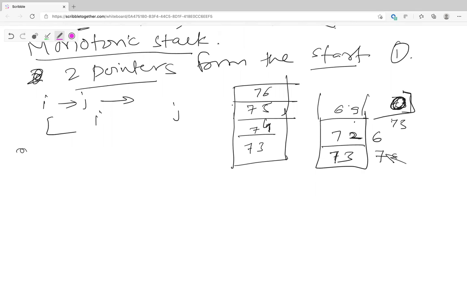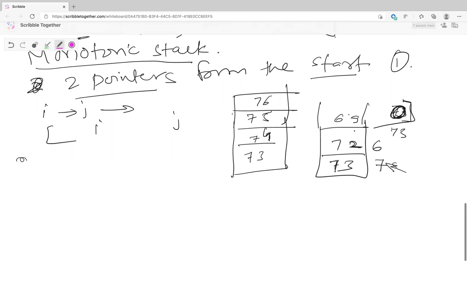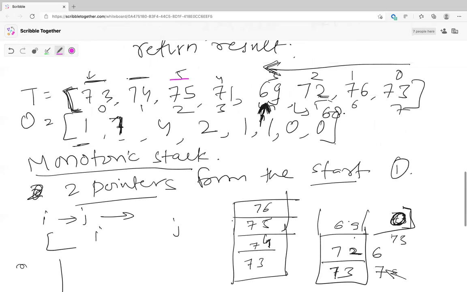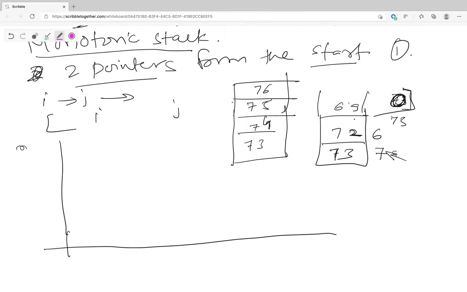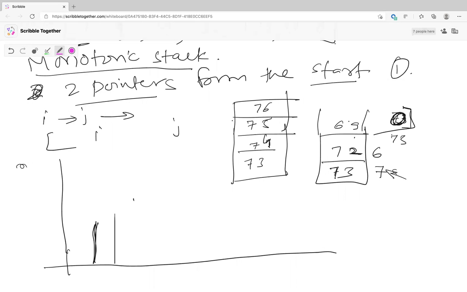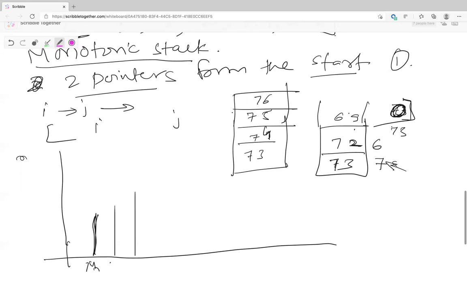Okay, so let's say I'll draw the graph. Let's say this is your 73, this is your 74, this is your 75. Sorry, 73, 74, 75.